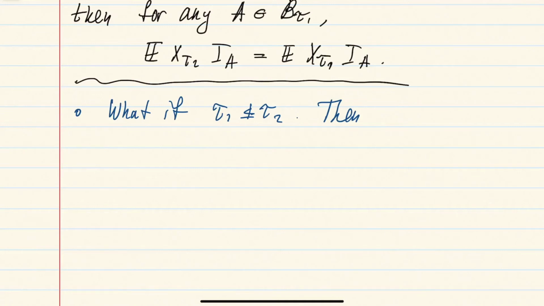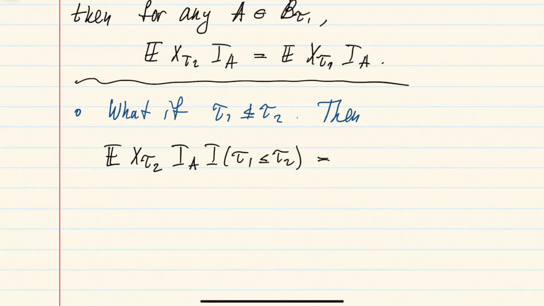So the equation above in this case can be replaced by the expectation of X at tau2 on the set A, and also on the set where tau1 is less than or equal to tau2, is the same as the expectation of X tau1 times this indicator, on this set where tau1 is less than or equal to tau2. Okay, so you can state this slightly more general statement, but it's really an immediate consequence of the above statement.